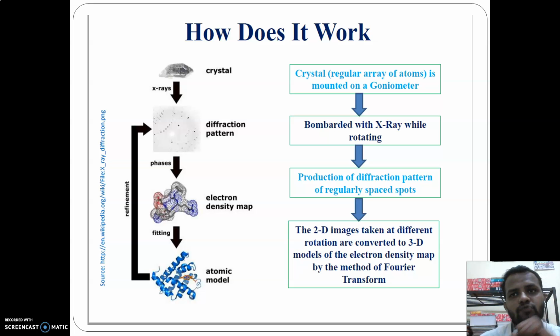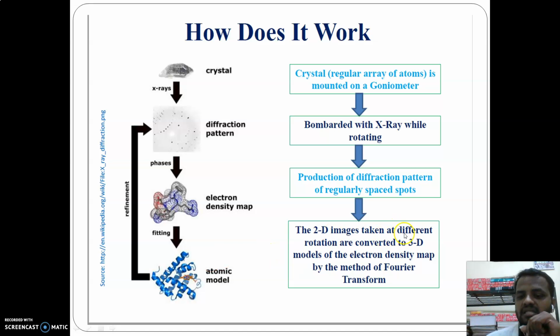Likewise, for protein molecules whose electron density is reported, we will carry out the study of the diffraction pattern. On the same basis, the DNA loop was analyzed and characterized. So this is the base from which they have studied it. Here the electron density map is formed, and this electron density map is further fitted into the appropriate atomic model.